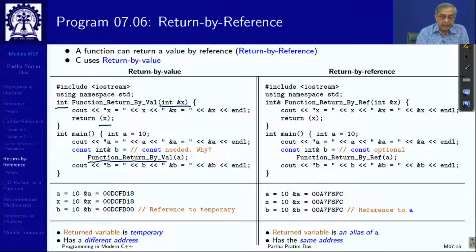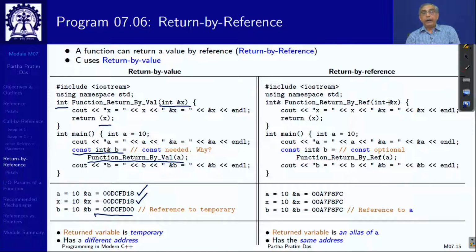So, when I do this, I will get a copy of x. So, a and x will necessarily have the same location, whereas b, which I am making a reference to the return value, has a different location.